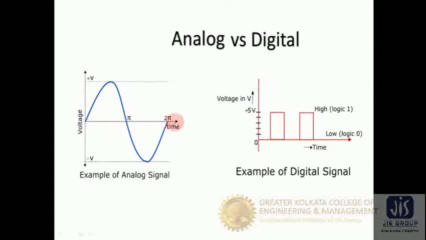The signal has two domains. On the x-axis there is time, and on the y-axis there is voltage. You can see the voltage continuously increasing, moving to a top peak position, and decaying down towards the minimum position, and then moving up continuously again. That is why it is called an analog signal.